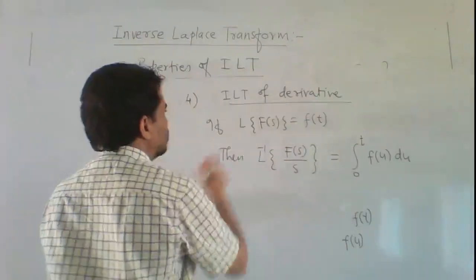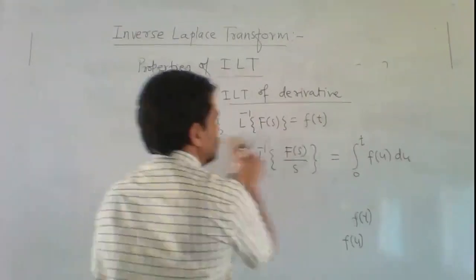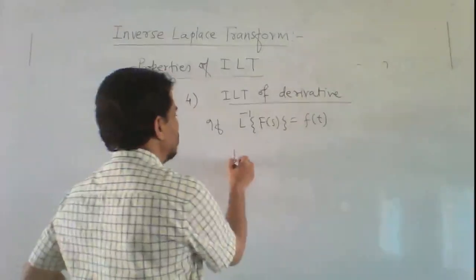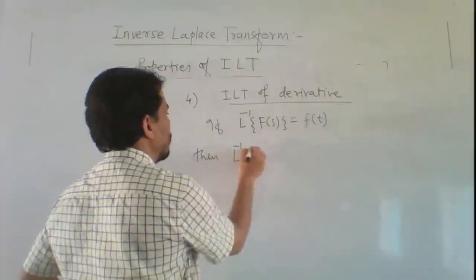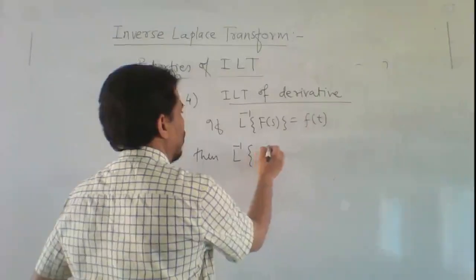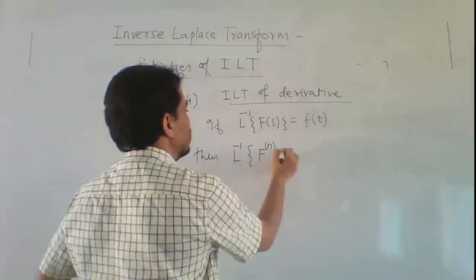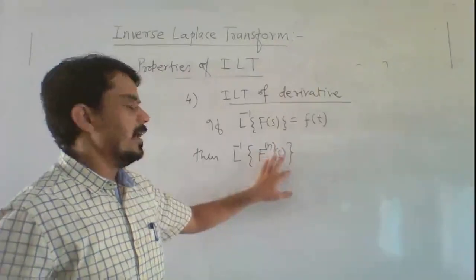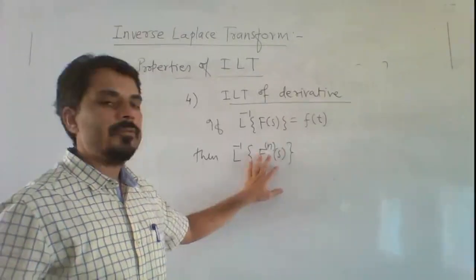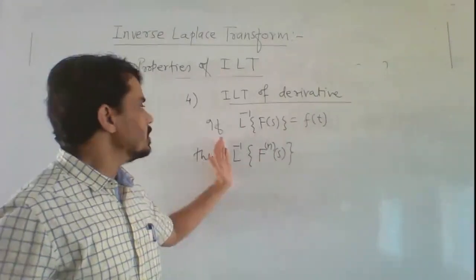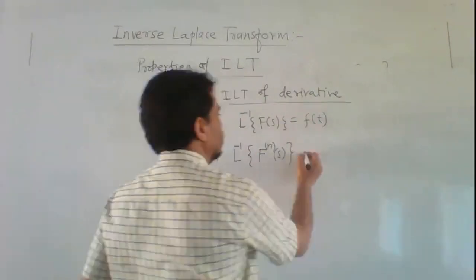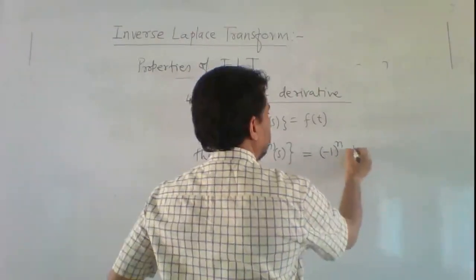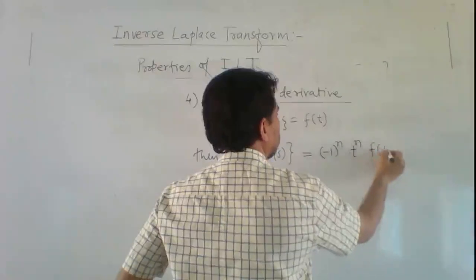If the inverse Laplace transform of f of s is f of t, then the inverse Laplace transform of the nth derivative of the function f of s, say f n of s, is equal to minus 1 raised to the power n t raised to the power n into f of t.